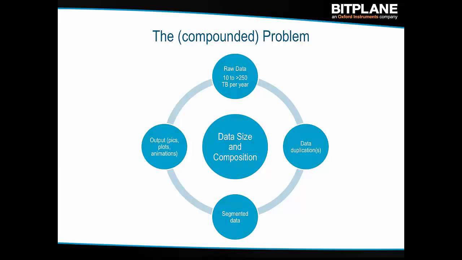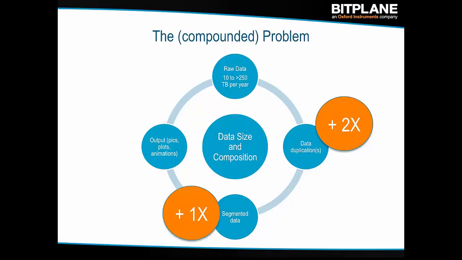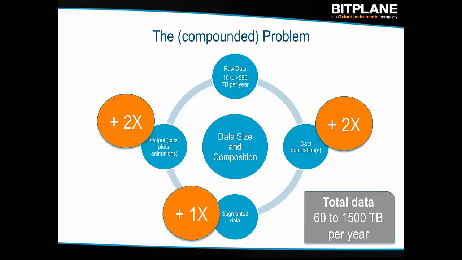And finally, you create beautiful videos and plots and all sorts of great output. All of this adds to your data. So my estimation, after talking with a few people, is that this probably duplicates your data. This increases by a factor of 1, and this increases by a factor of 2. So in total, actually, you have something like 60 to 1,500 terabytes of data.